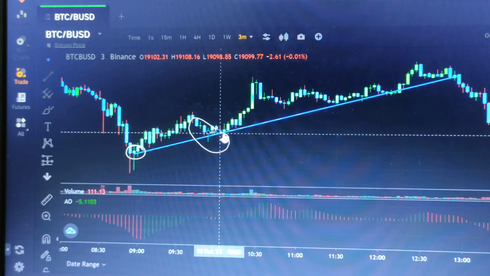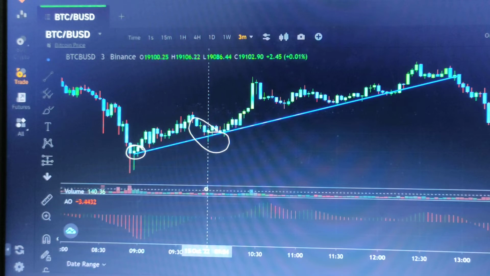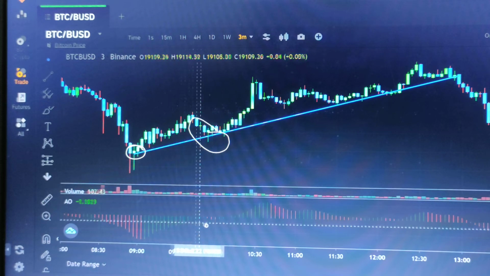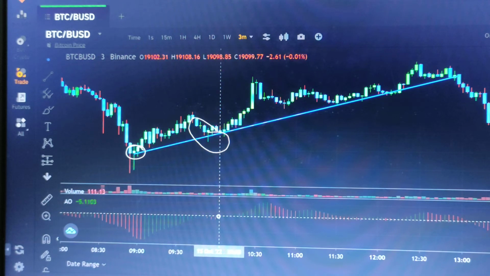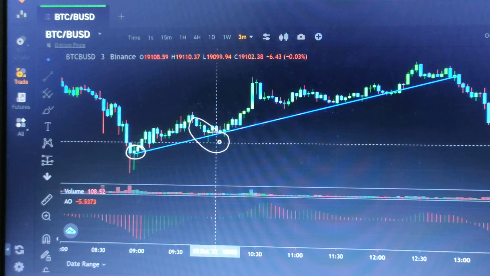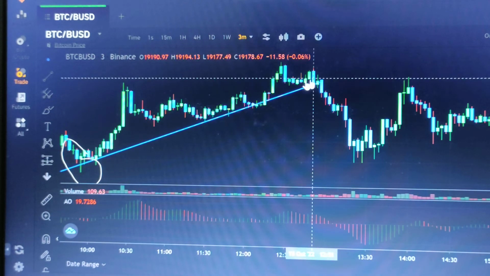So I used to confirm the entry here, and I also check the volume and this oscillator, this indicator, so it shows this change, this part. So I took a trade here and I made a profit.